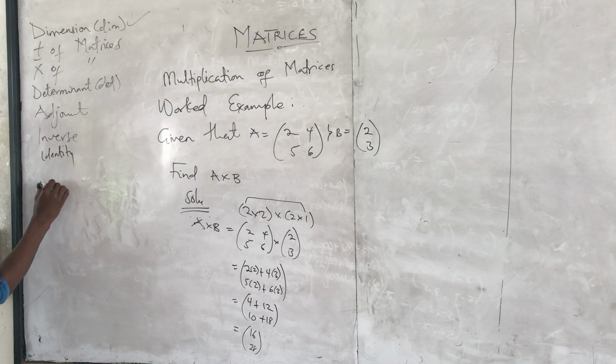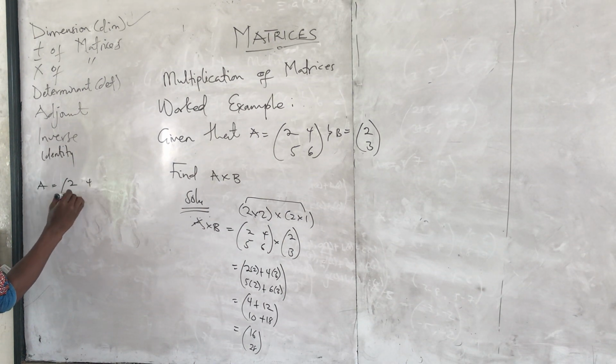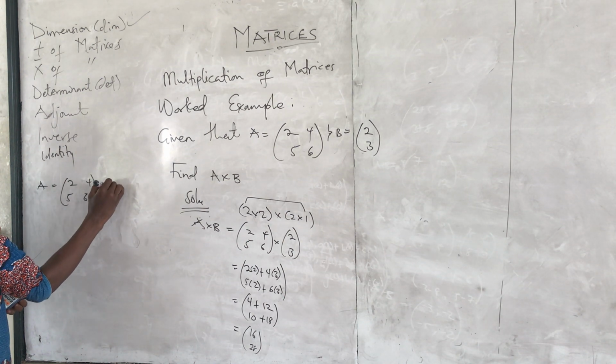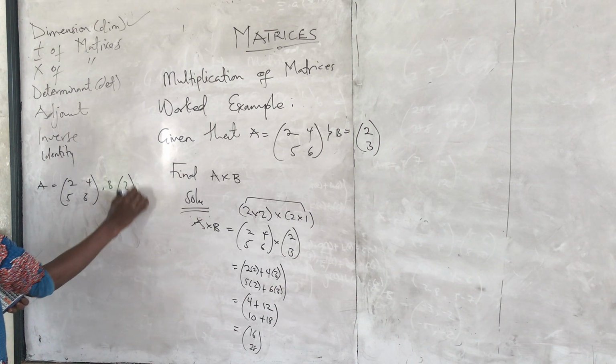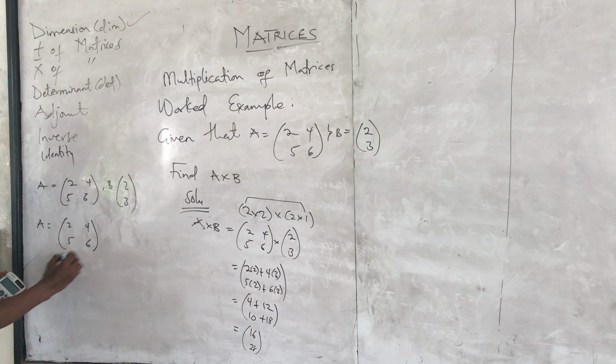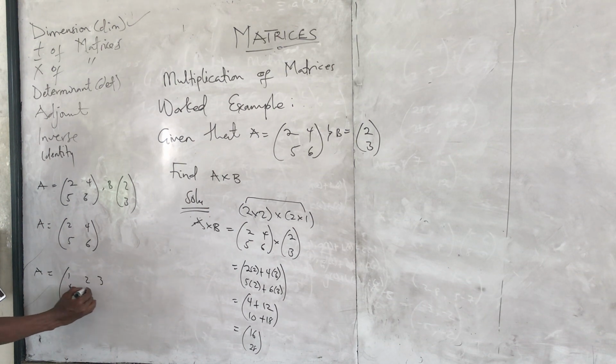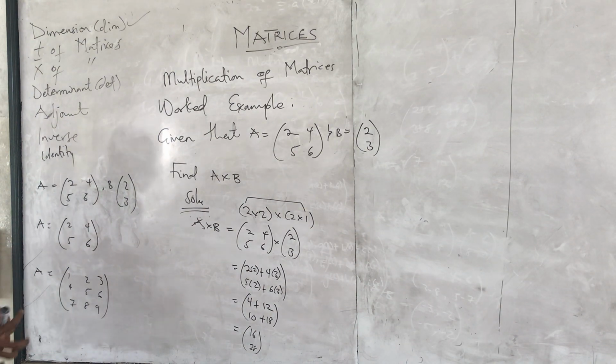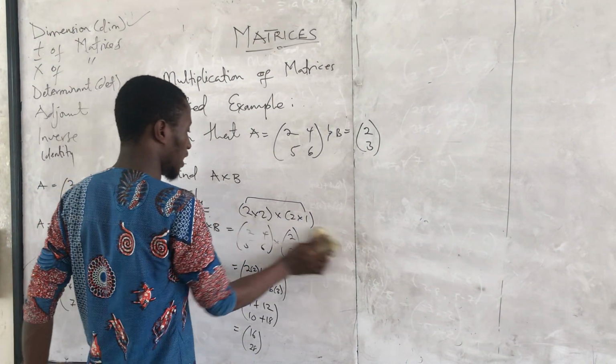So now I have A, 2, 4, 5, 6. I have B, 2 and 3. So the next one, I will maintain this one. This is 1, 2, 3, 4, 5, 6, 7, 8, 9. So now let's do 2 by 2 by 2 by 2.